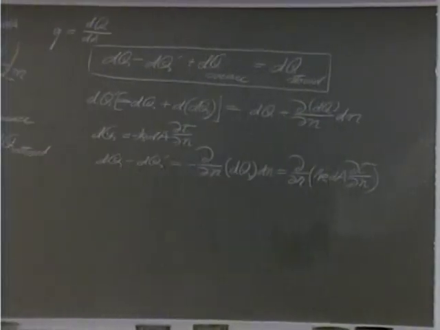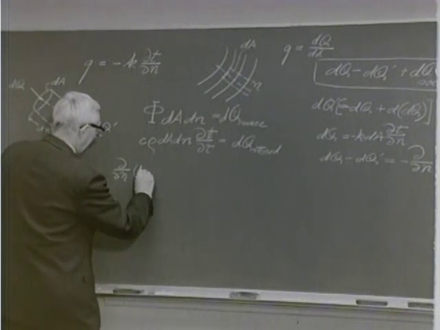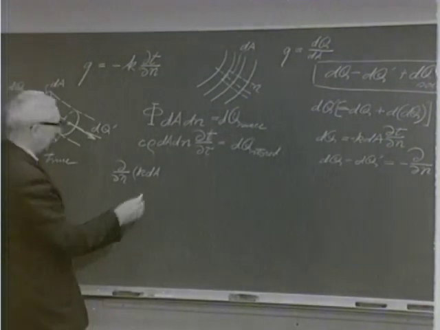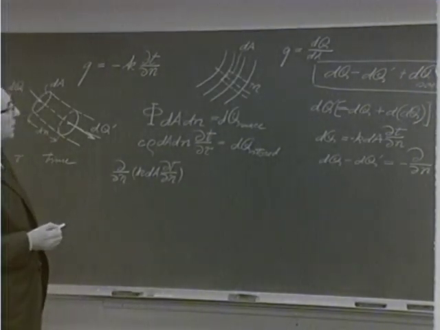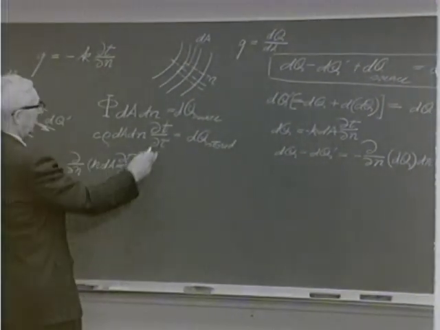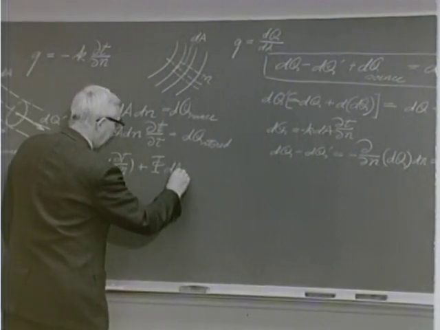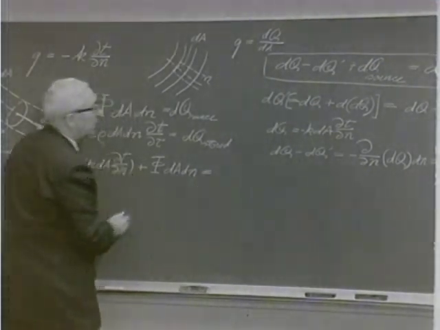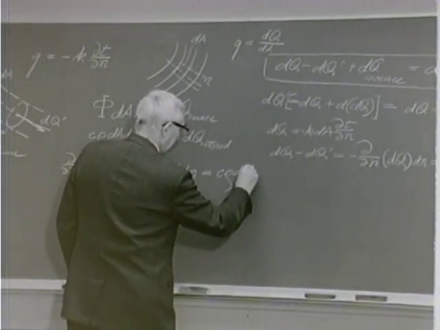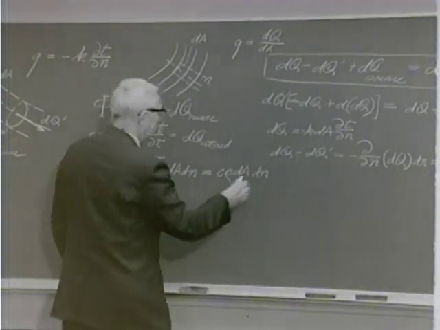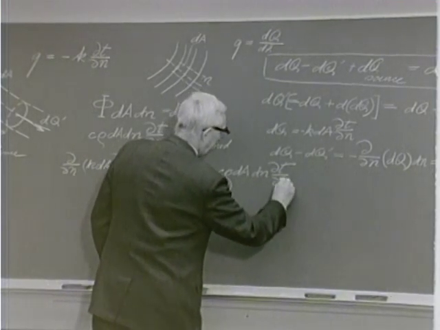This is this here, partial over partial n of k dA times dT over dn, plus source term, this here, phi times dA dn, is equal to the heat stored, which is this term here. C rho dA dn dT over d tau, excuse me.